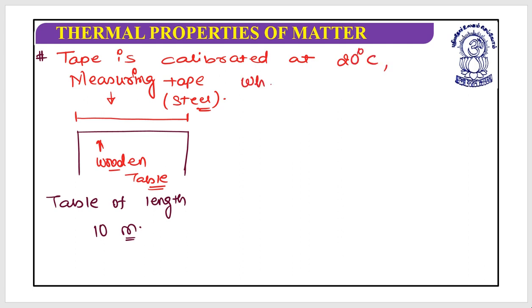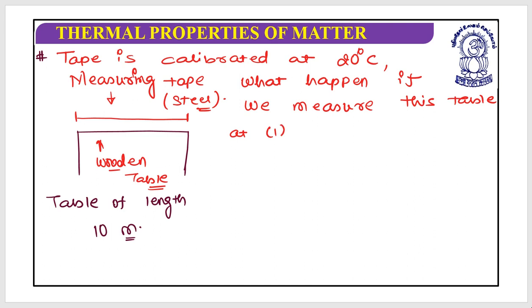Now they will ask me what happens if we measure this table at first 30 degrees Celsius and second 10 degrees Celsius. So this is the question: this wooden table is there, I have given the length of the table so that you can conclude whether it is increasing or decreasing.